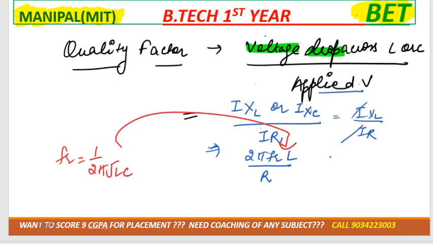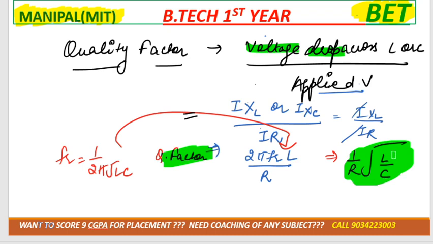If we substitute this value here, then it would be 1 by R root L by C. So this is known as the quality factor. The quality factor formula is 1 by R root L by C. That also you need to remember.